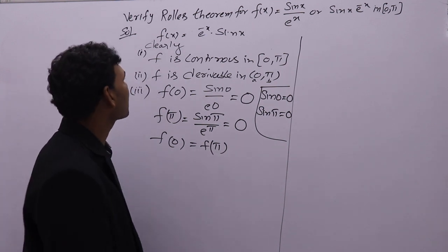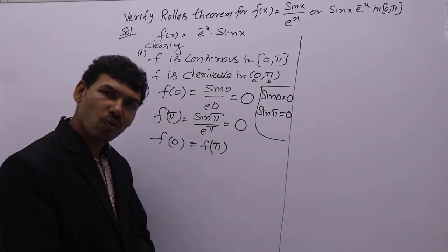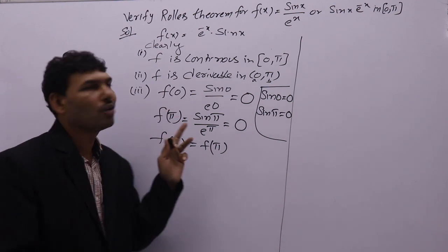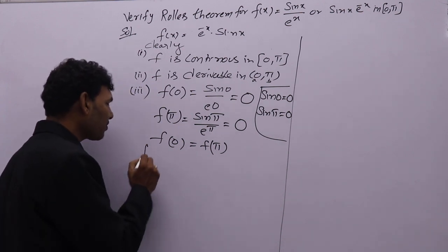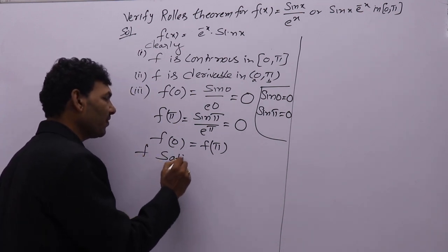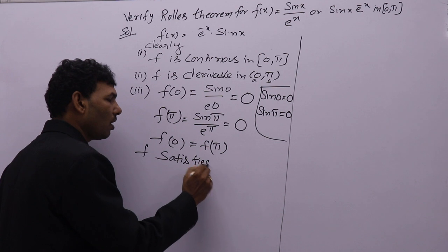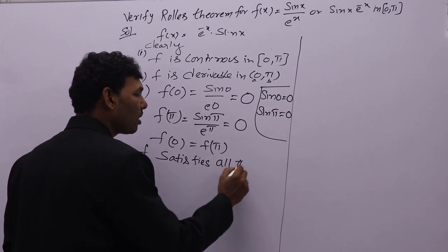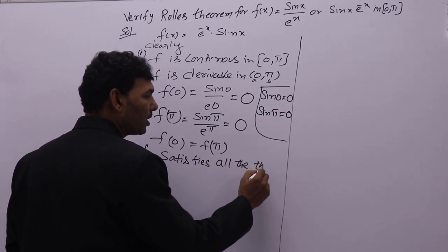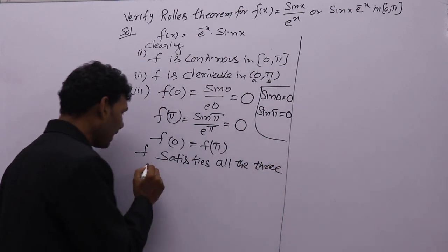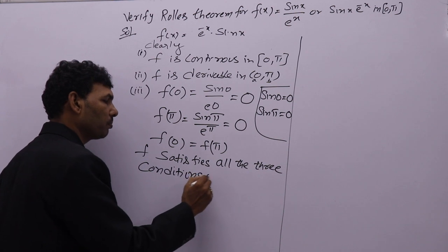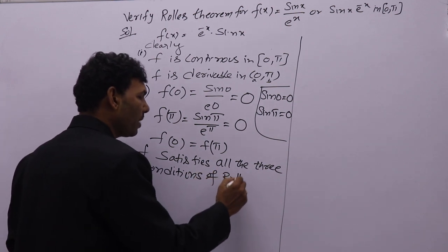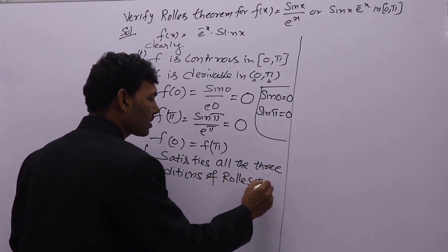Now f of 0 and f of pi are equal. What does it mean? f satisfies condition 1, condition 2, condition 3 of Rolle's theorem. That is, f satisfies all the 3 conditions of Rolle's theorem. Then what happens? What does Rolle's theorem say?